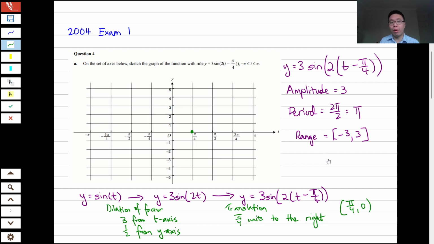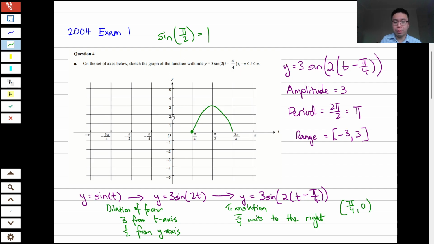And then the graph is going to have a period of pi. So if I go across pi on 2 units, I'm going to go across half of a cycle. Remember that sine of pi on 2 is 1, the maximum value of sine.